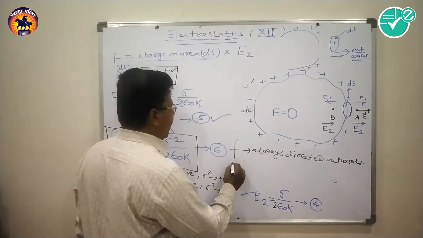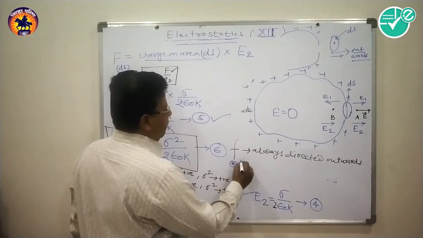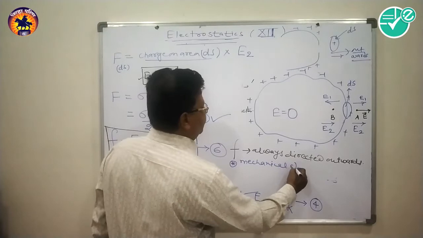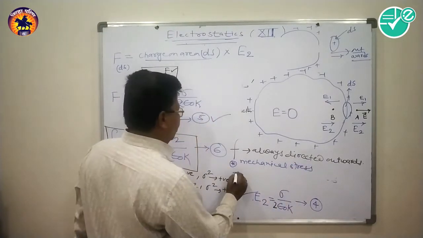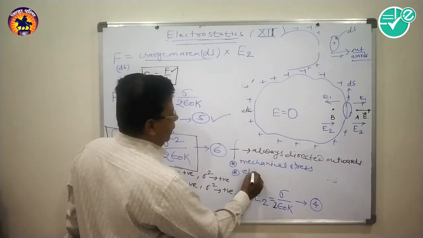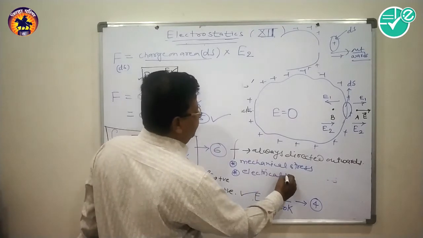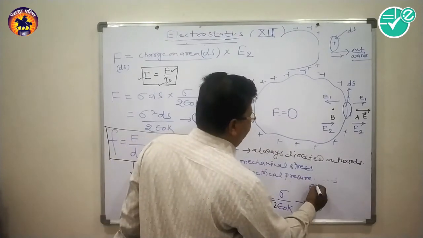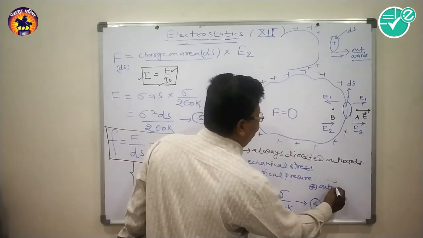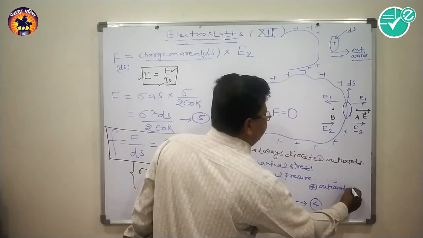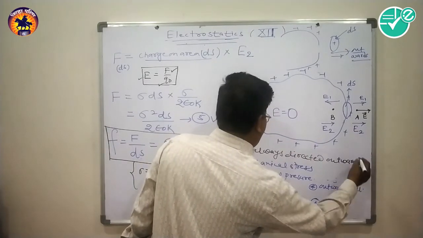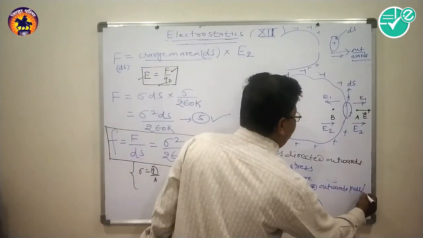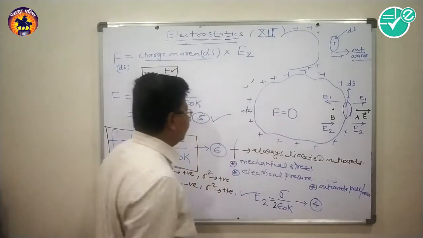and this mechanical force per unit area is also called mechanical stress, or it is also called electrical pressure. Also it is known as outward pull per unit area.